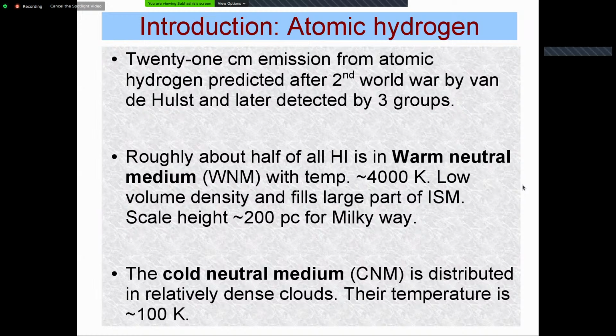But let me first introduce it this way: 21 centimeter emission from atomic hydrogen was predicted after the Second World War by someone called Van der Hulst, and it was later detected by three groups, which I will describe in the next slide. But before that, why are we talking of atomic hydrogen? Atomic hydrogen, in short, most astronomers call H1, which some of you may not know. Even in my write-up, I have written H1.